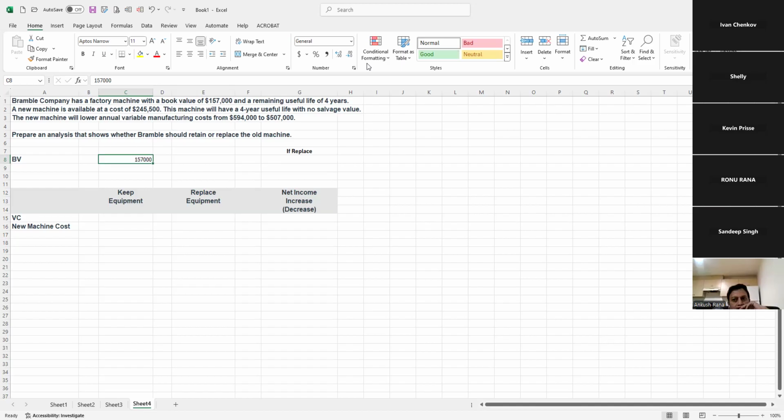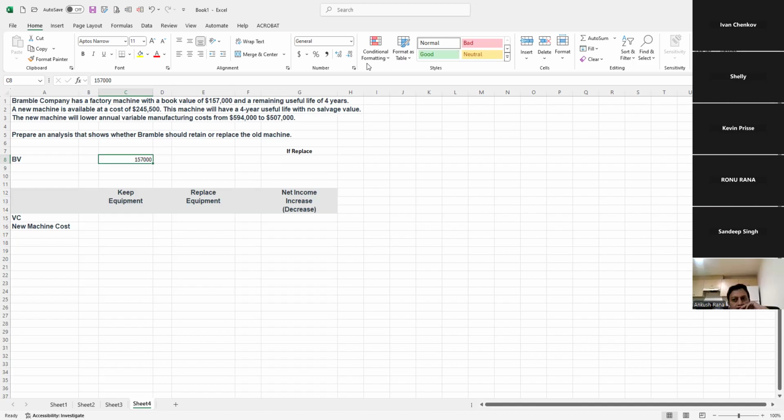Here's the old machine. Obviously, it will be better if we replace the older machine rather than keep it. If we keep the old machine, we have to pay that much. If we replace it, our cost will be that, plus the variable cost plus the cost of the machine. Our total cost will be that much.